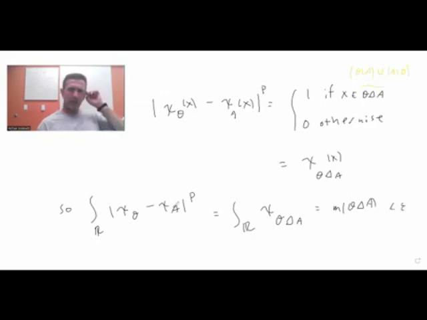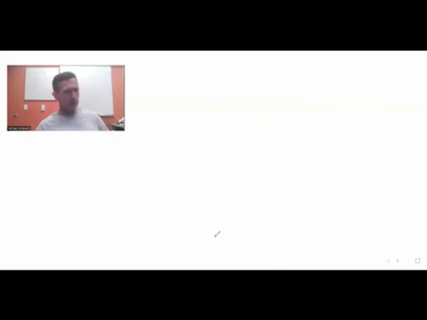So given any set A of finite measure, I can approximate the characteristic function of A in the LP norm by the characteristic function of theta for some theta that is a finite disjoint union of finite open intervals. That's the point. And we'll put this to good use in proving the following results.